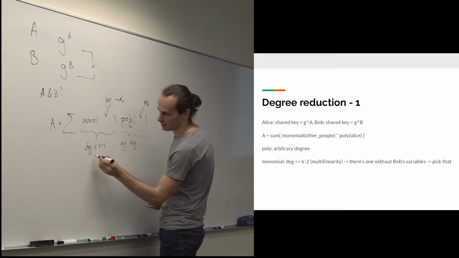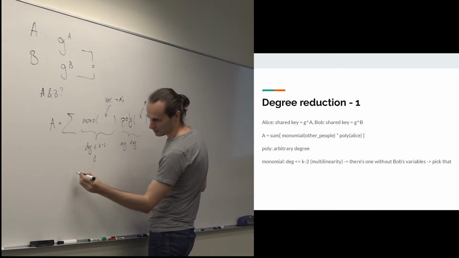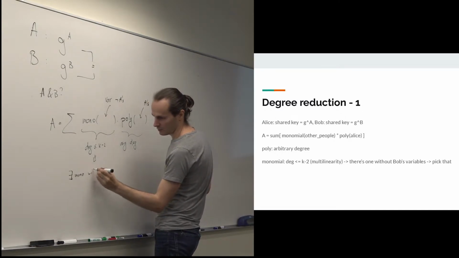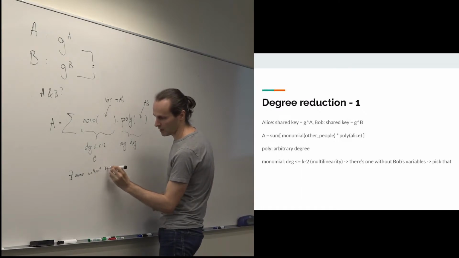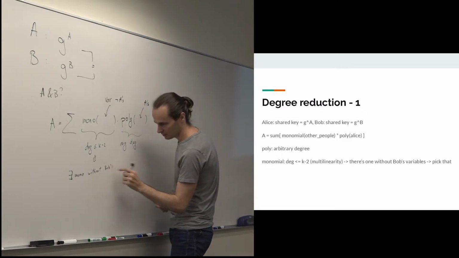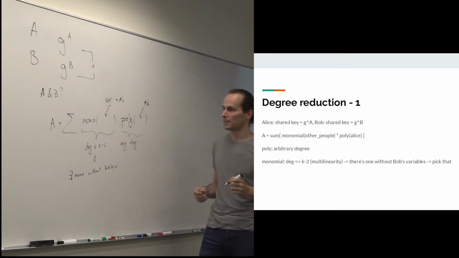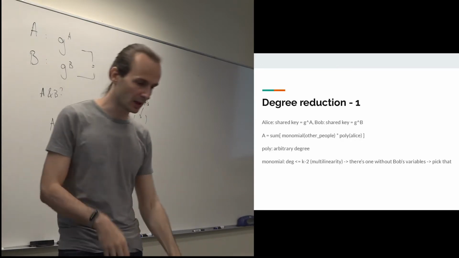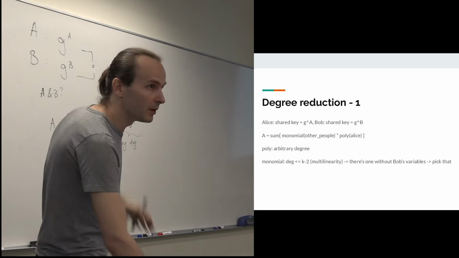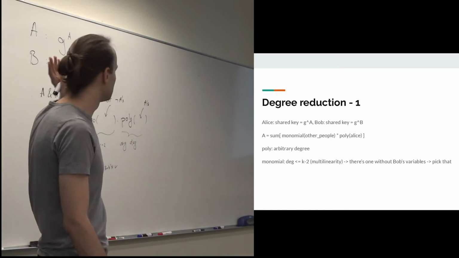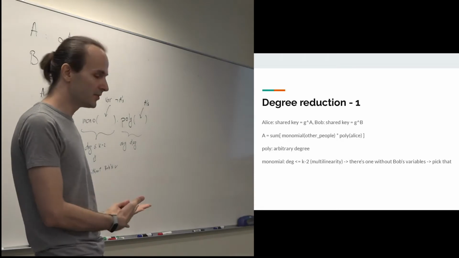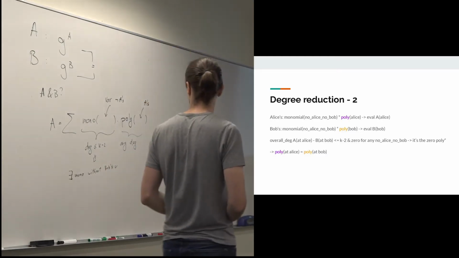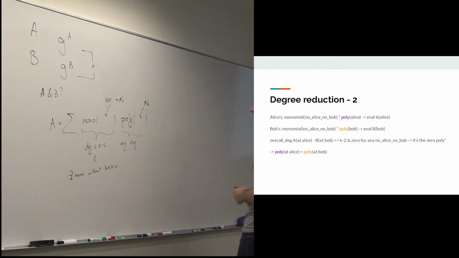So this implies there exists a monomial without Bob's variables. And I'm going to focus on that because that's how I get to see that the overall polynomial has bounded degrees. So there's one polynomial without Bob's variables. Think about that. Cool. So I can write it down like that.